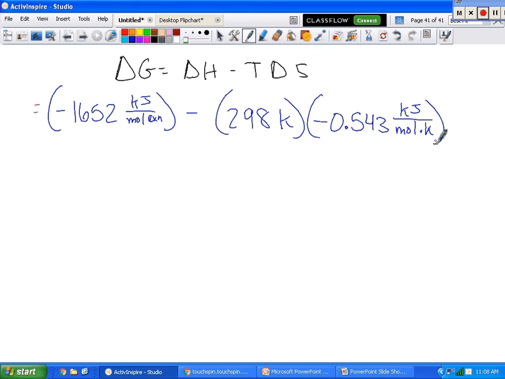Okay. Now, will any of the units cancel? Kelvin. So what you're going to get left with is what? Kilojoules per mole. Okay. Either one. It does not matter. If you convert it to joules, leave it in joules. If you convert it to kilojoules, leave it in kilojoules. So when you do the math here, does anyone get this in kilojoules?